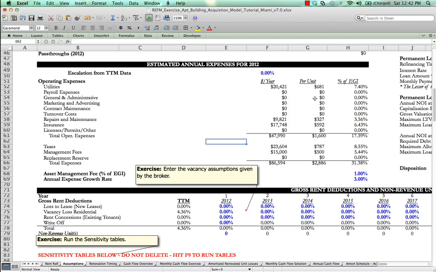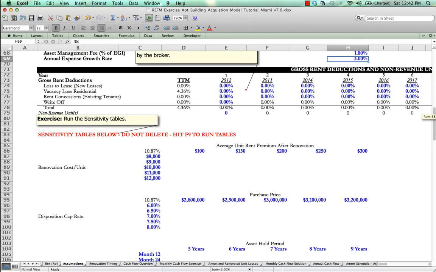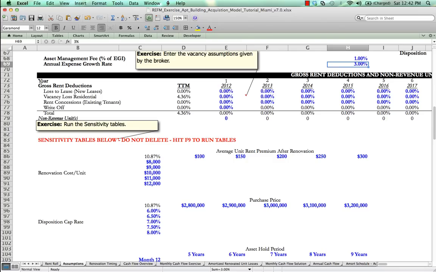Okay. Our next major input is the annual expense growth rate, which we're going to run at 3% for our operating expenses. And then we have our gross rent deductions down here, and the next exercise was to enter the vacancy assumptions given by the broker. And let's just find those quickly and then go ahead and enter them.